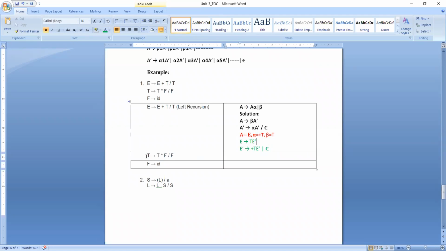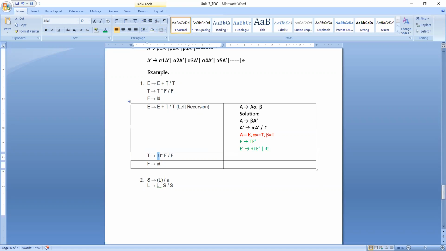Okay, now let us go ahead and see the second production. What is the second production? T derives to T star F or F. What is the symbol appearing on the left hand side? Capital T. And if you go to the right hand side of the production, what is the first symbol appearing?